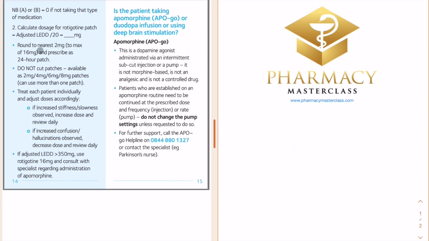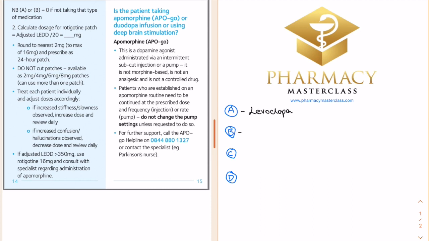Now what I'm going to briefly do is talk to you about the methodology I'm going to use in these calculations. I'll be using a 4-stage process, labelled A, B, C and D. Stage A involves calculating the total daily dose of levodopa that the patient's taking.